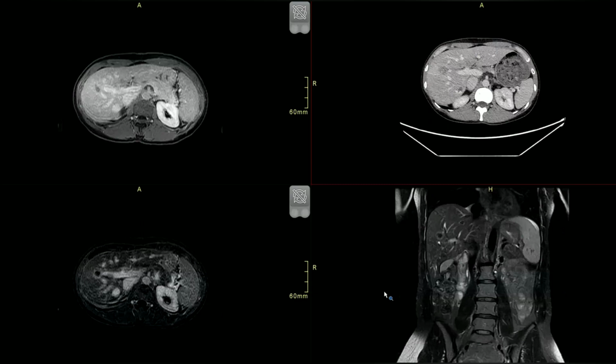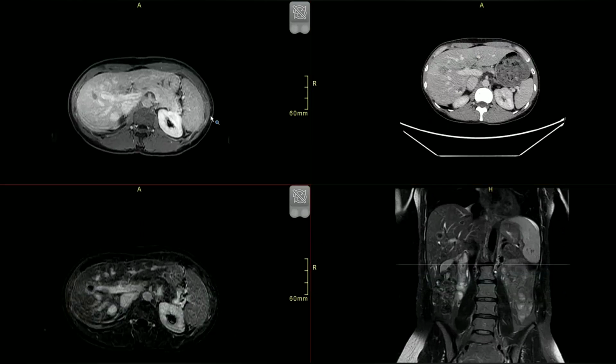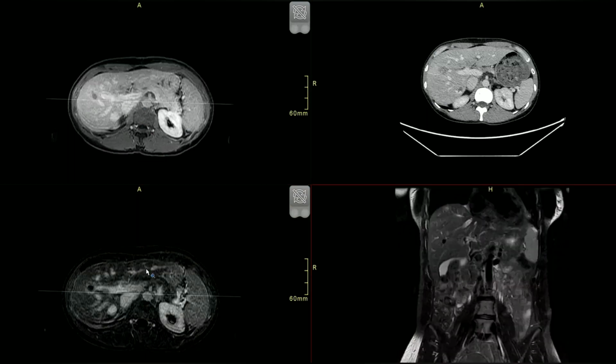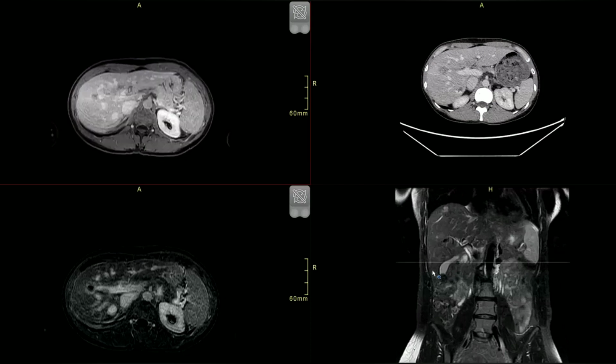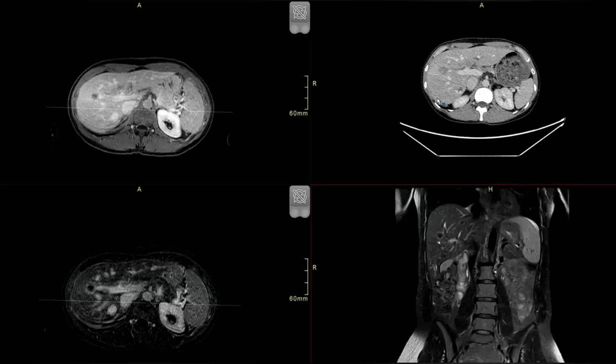This is MR T2 weighted images. This is post contrast. This is subtracted, so that you can see the enhancement or whether there is or there's not. And this is a T2 because you can tell from this, right? So this is a T2. And this is a CT of the same patient.